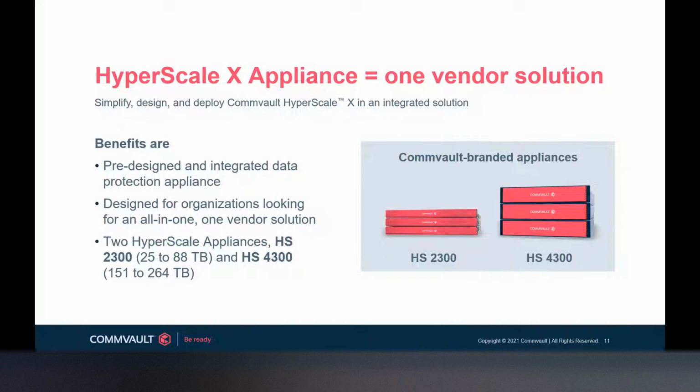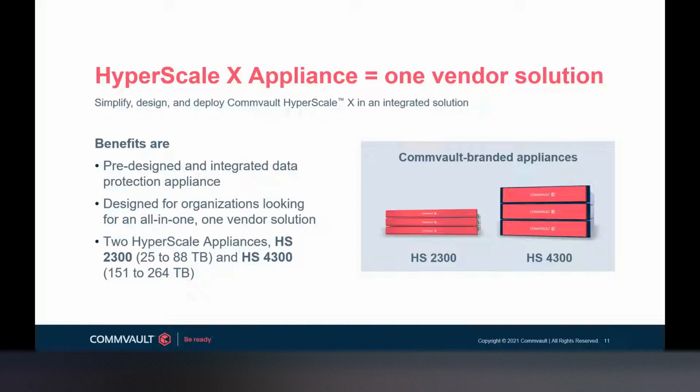So Commvault Hyperscale X you can buy in 2 different ways: you can buy the appliance from Commvault, which is fully pre-configured and ready to be connected, or you can use the reference architecture. So you can build Hyperscale on top of almost any vendor. It can be Dell, HP, Lenovo, Supermicro.